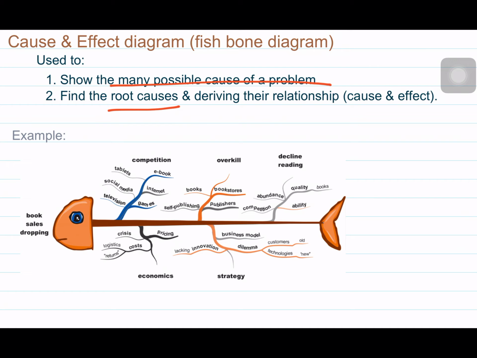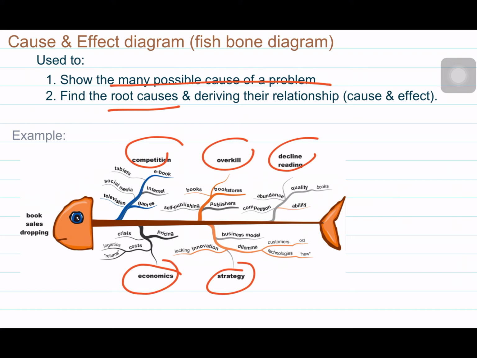Next, you will list the major causes of the problem on the spine of the fish here, like how I circle here. After that, the causes are typically separated into different categories like people, process, materials, and equipment. The causes are then identified through brainstorming with the group familiar with the problem.